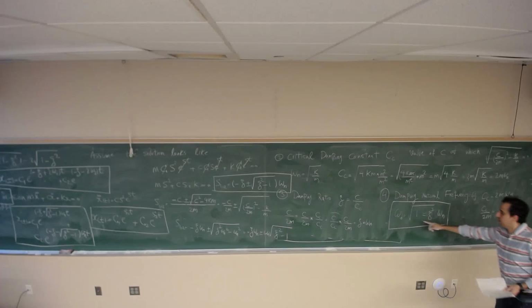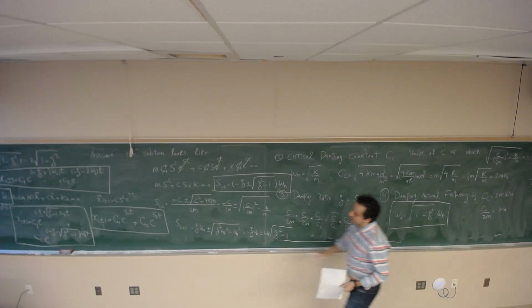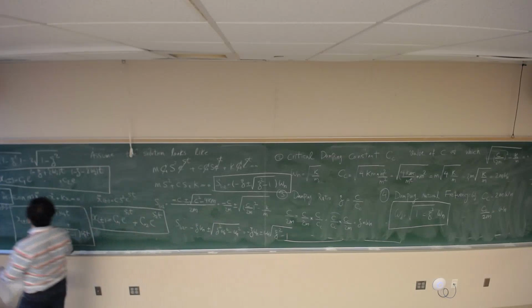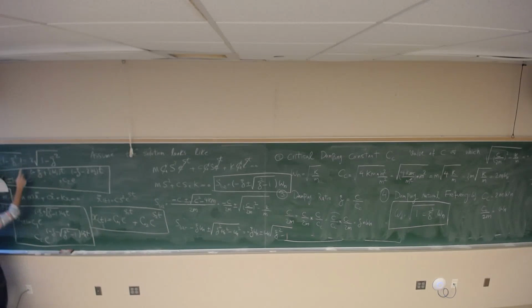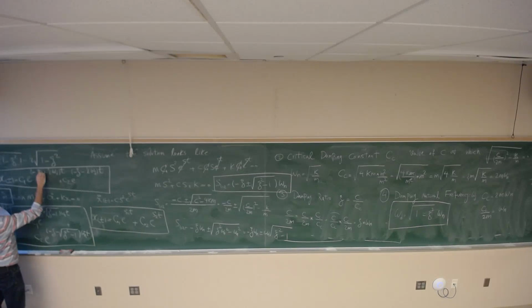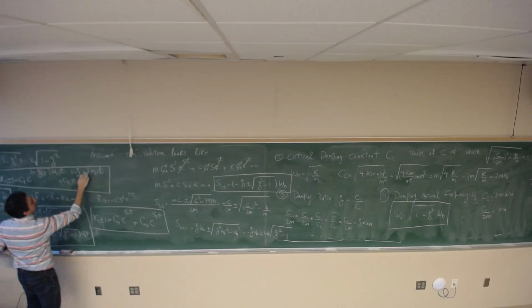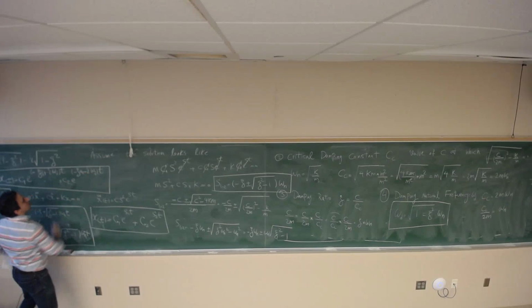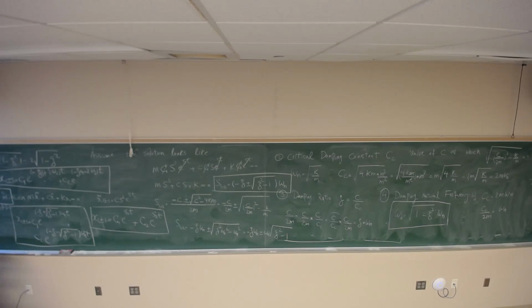Based on this definition, the square root of 1 minus zeta squared times omega n is going to be omega d.